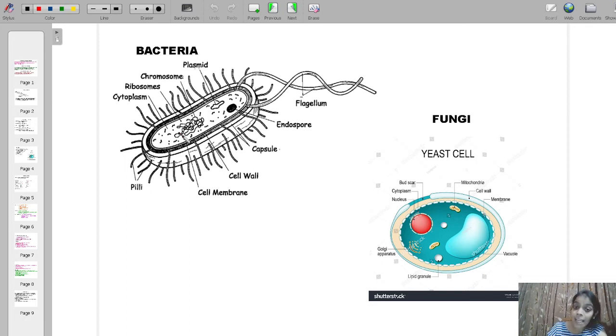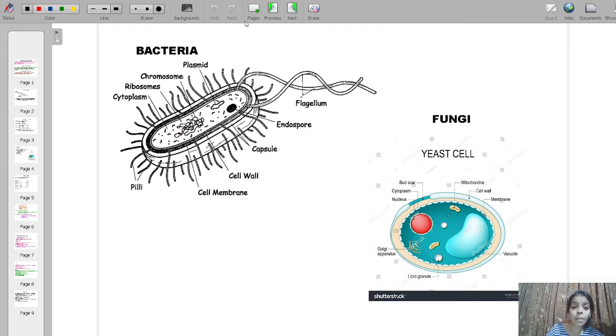Now the next kingdom that comes is Protista. Protistans are unicellular, but they are eukaryotic, which means their cells must have mitochondria, endoplasmic reticulum, and certain other cellular organelles.